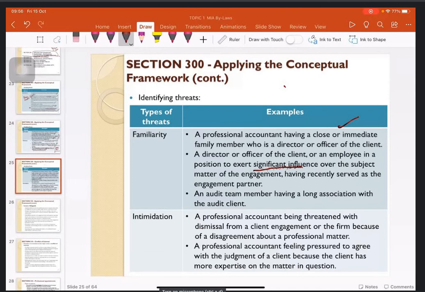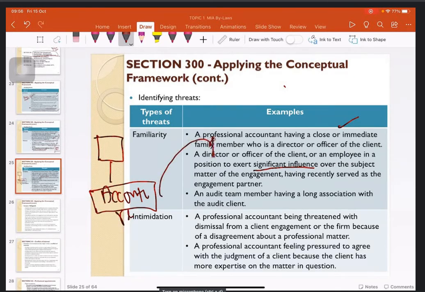Okay, kalau ada significant influence, you are deemed to be the officer of the company. Katakanlah bahawa this one is the client, you are the accountant dekat client ni, kemudian you resign, you join audit firm.